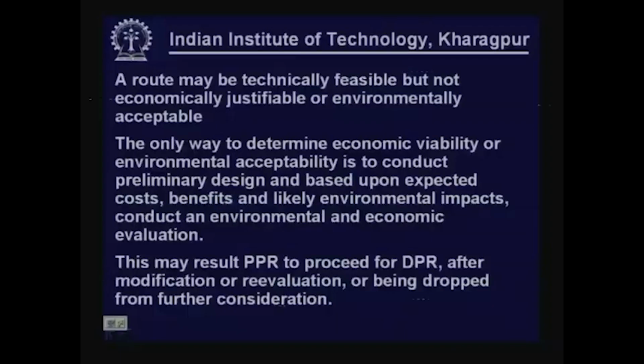So, we know that we are running the alignment through areas where, grossly, there are no environmental issues or no detrimental impact on the environment. That generally will give a sensible alignment, but finally, we have to carry out detailed environmental analysis or evaluation and also the economic evaluation.